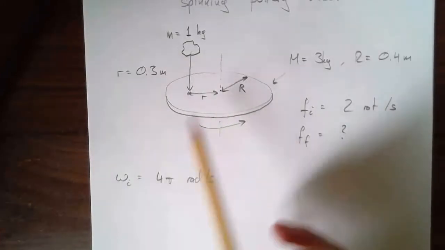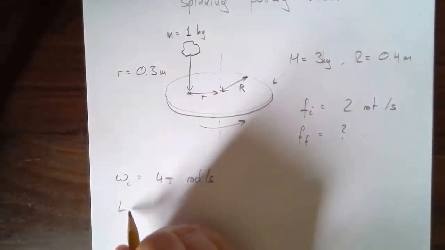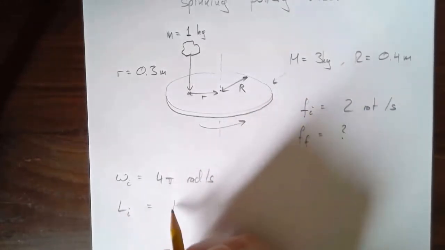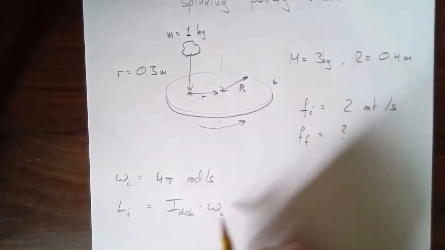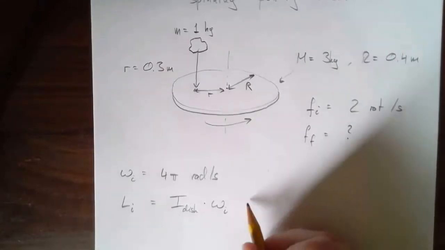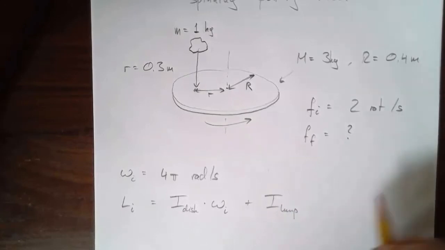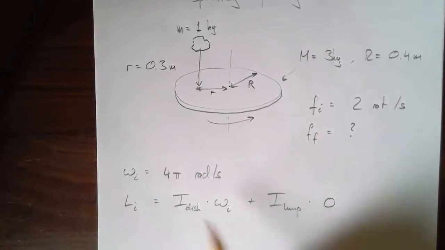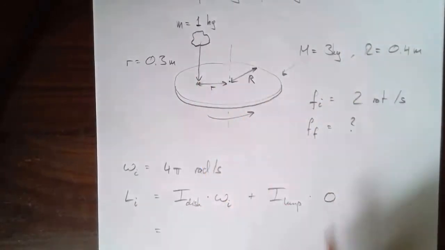Now, to figure out the initial angular momentum, L initial, it's going to be I disk times the initial omega plus I of the lump times 0, because it is not initially spinning. Let's write down what those values are. I disk is 1/2 m r squared. I'm going to assume this is a uniform disk.